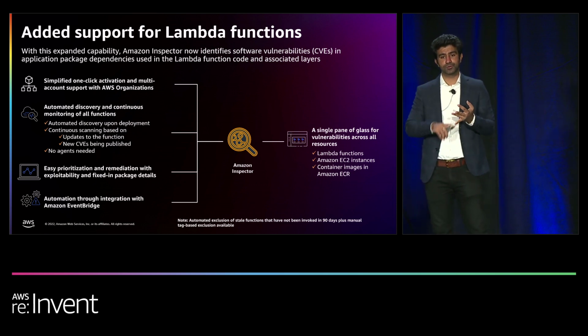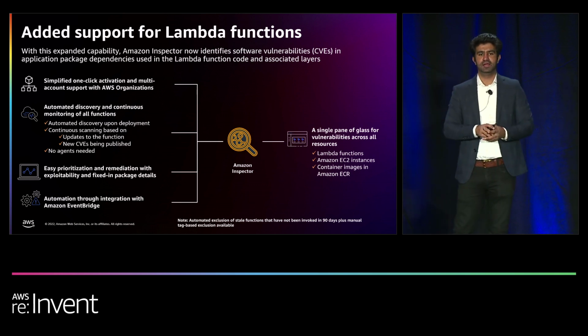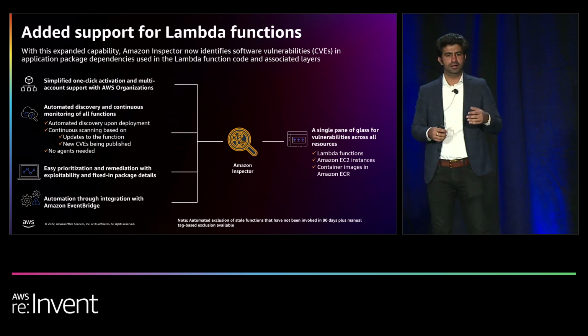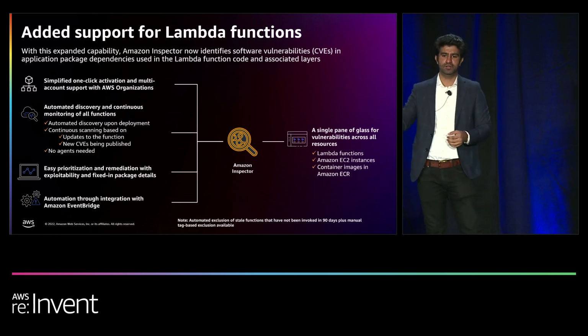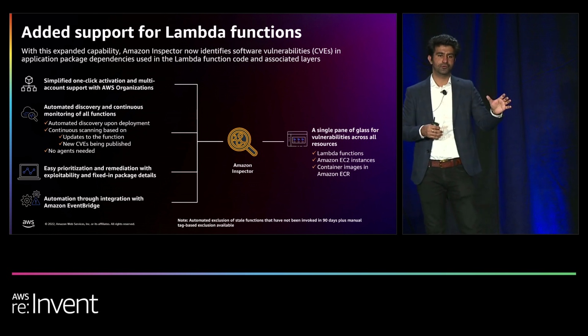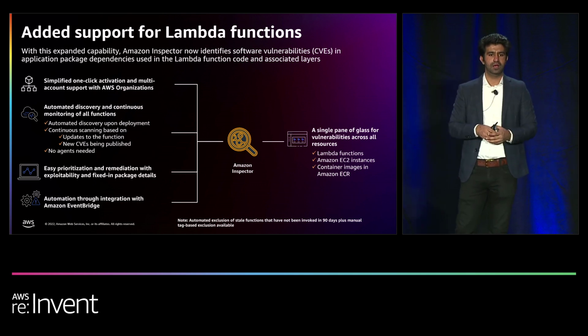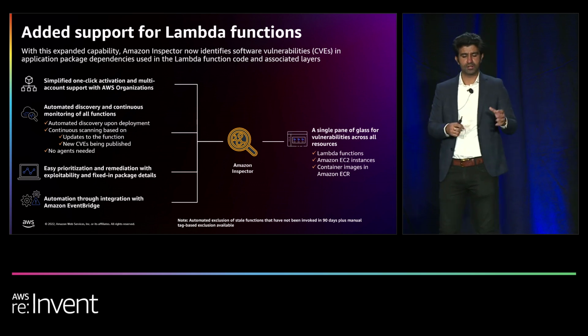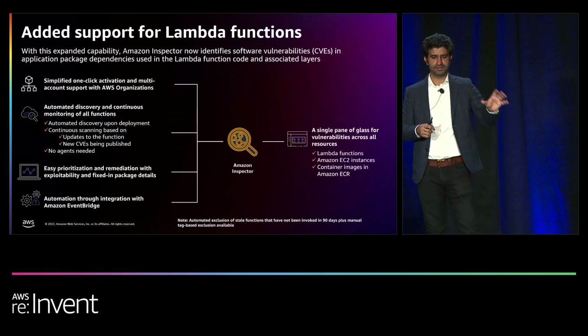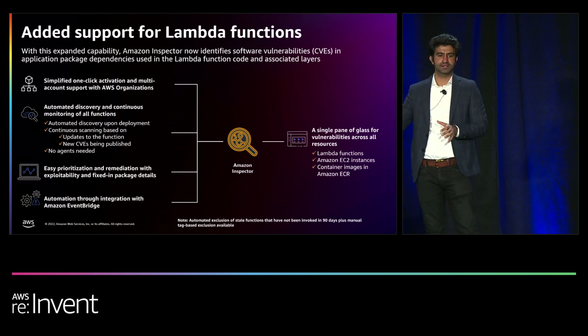Every time a new resource is discovered or the state changes, so let's say an instance is terminated or stopped, or a Lambda function is deleted or a container image is deleted, we send all sorts of events. And obviously in EventBridge, you can create different rules on how you want to manage those events. You can get as granular as you want, or as broad as you want. So what customers have done is use this mechanism to automate their ticketing systems.